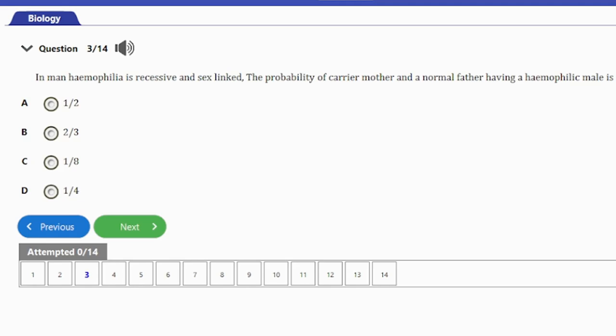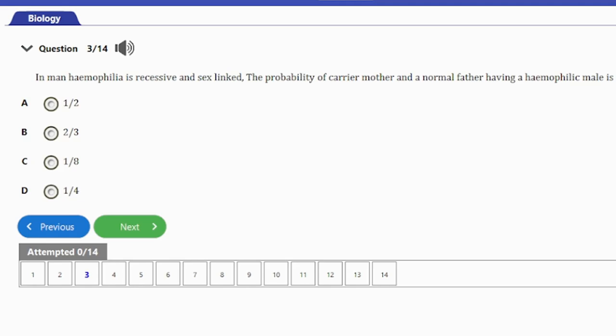Question number 3 here, it says, in man, hemophilia is recessive and sex-linked. The probability of a carrier mother and a normal father having a hemophilic male is A, 1/2, B, 2/3, C, 1/8, D, 1/4.